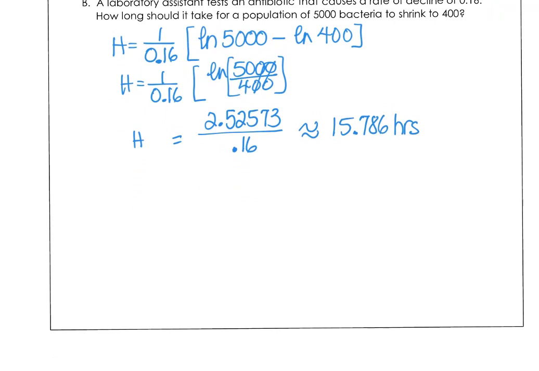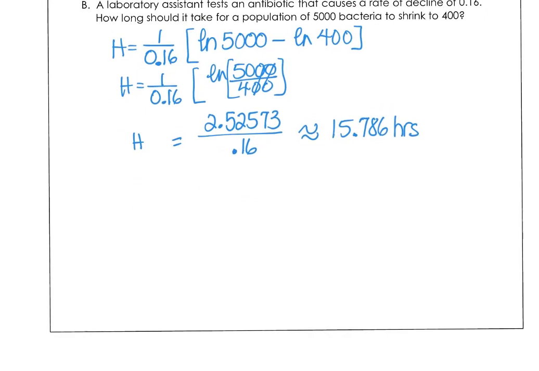Now, if you convert 0.786 of an hour, 1 hour has 60 minutes, so this is about 48 minutes.